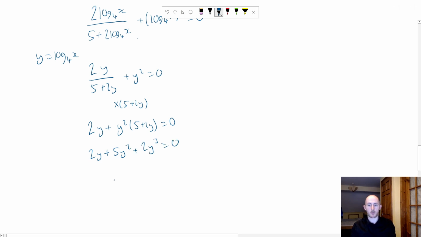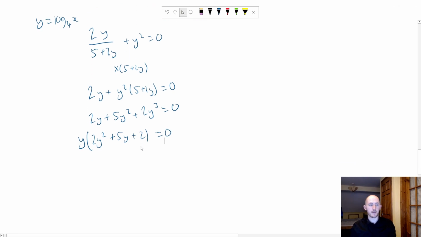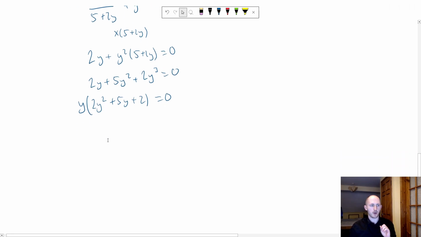That is a cubic equation. However, I can factorize out a y. What I'm going to do is write the 2y bit first, so the cube term first. So 2y squared plus 5y plus 2 equals 0. From here, we have a few different solutions. I could factorize this, or you can just use your calculator to work out the value.